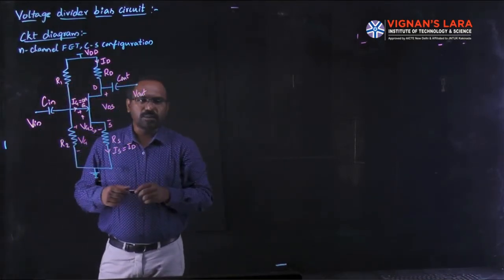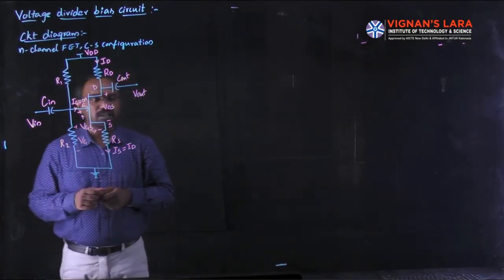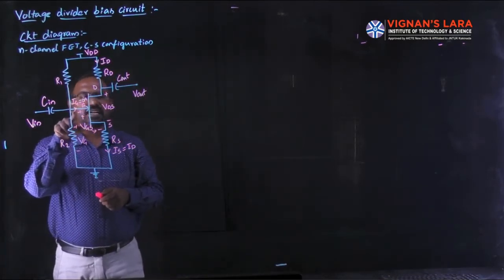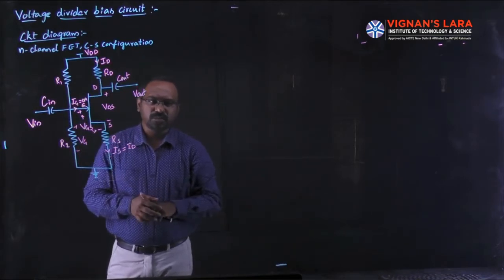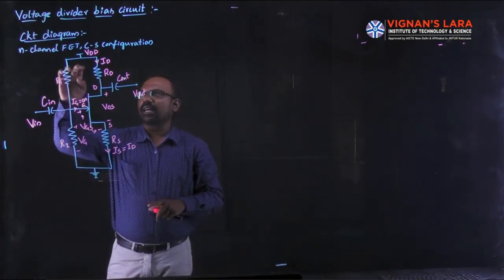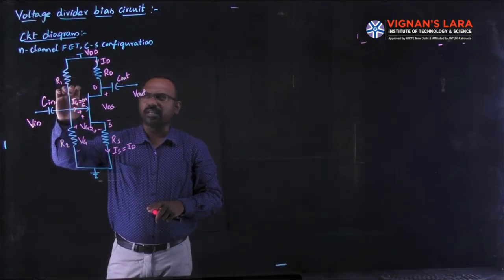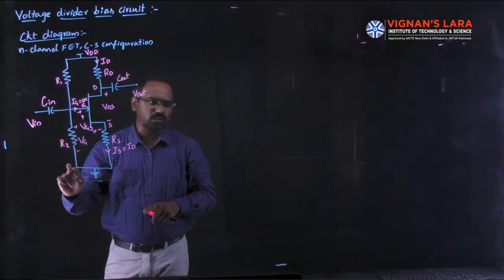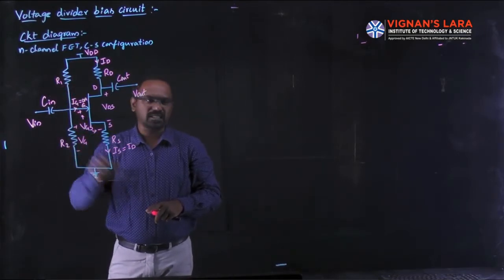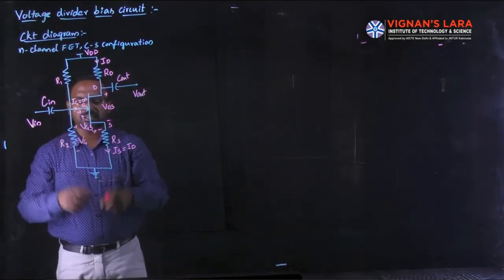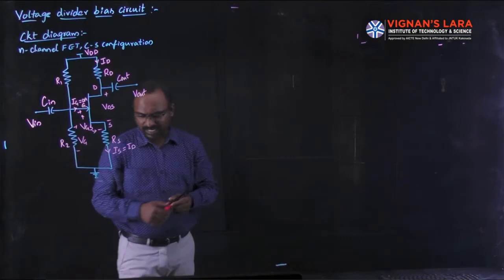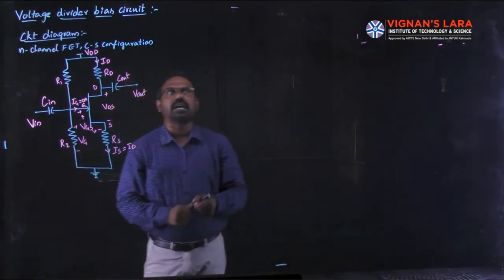And one more thing is that the current flowing through the gate is 0. So the current from VDD will flow through R1 to R2, and these two will be in series connection. Why? Because I am doing DC biasing, which means capacitors C1 and C2 are eliminated.